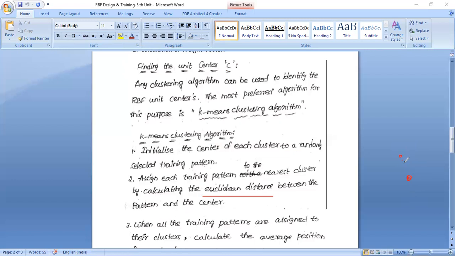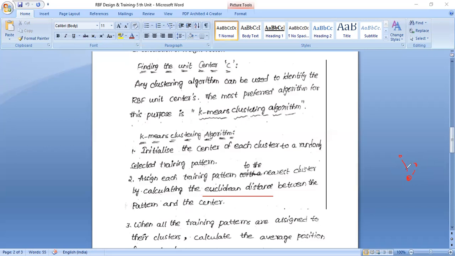So this is near to this center point. We are going to assign the data point to this cluster by calculating the distance. If it is a lesser distance, then it would be assigned to this cluster rather than that one, right? This data point is very near to this cluster.